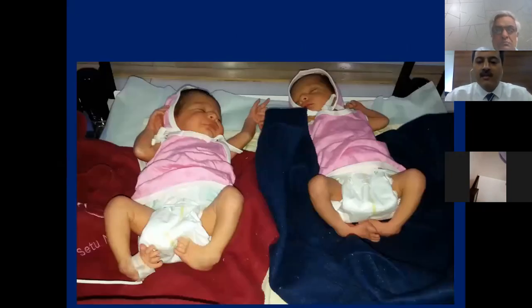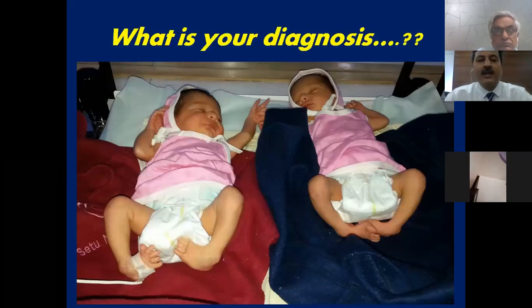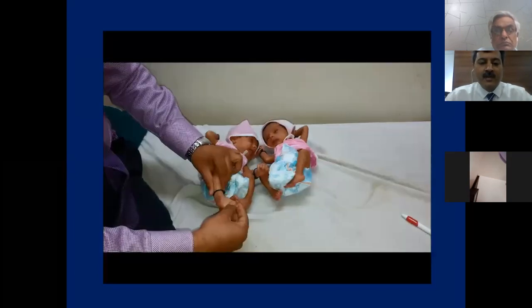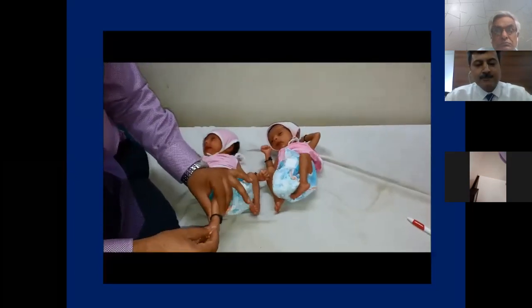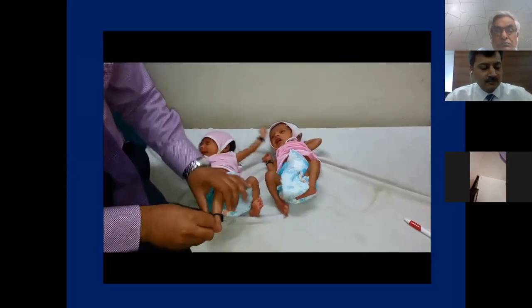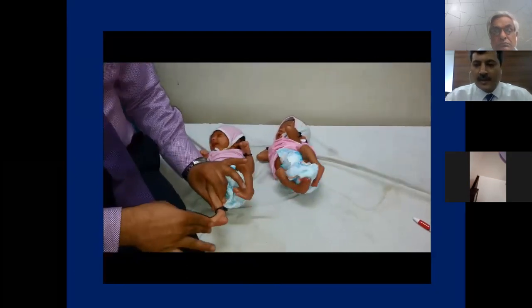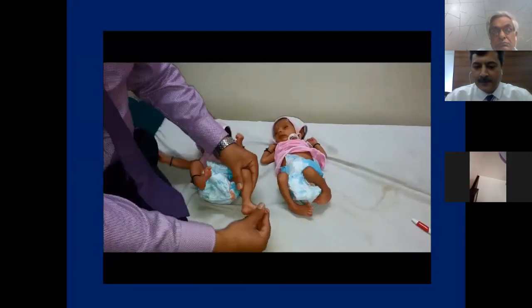These twins were referred to me, and in their antenatal scan they were found to have clubfoot. On the first day the patient was referred to me, parents were very apprehensive that both kids had severe clubfoot. But when I examined them, you can see I could correct the deformity completely.